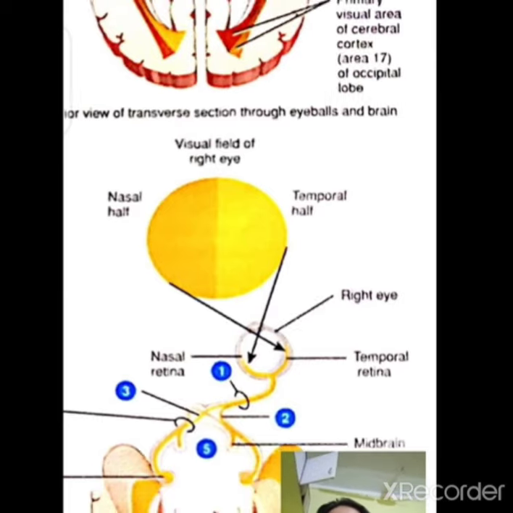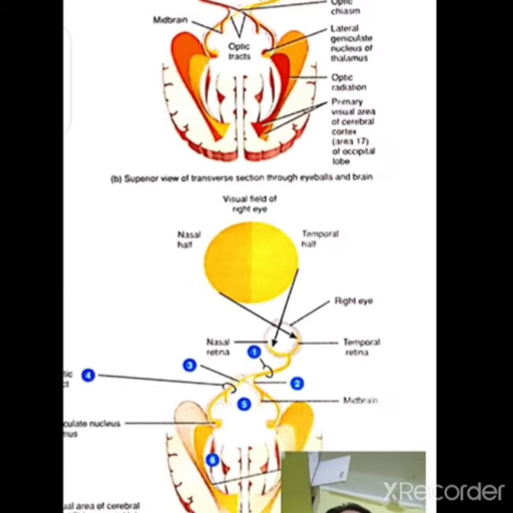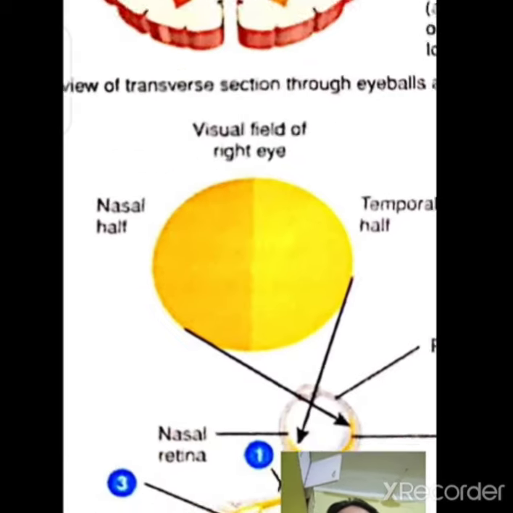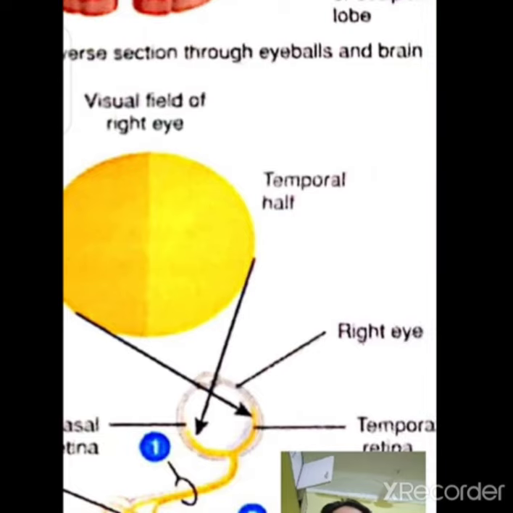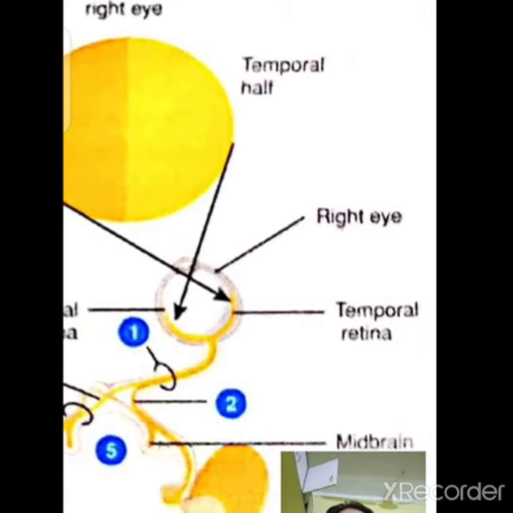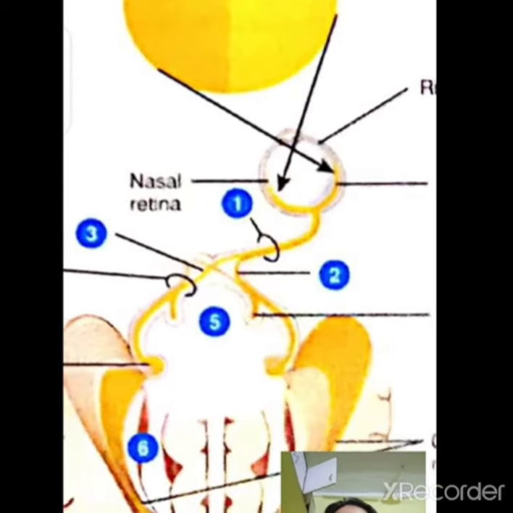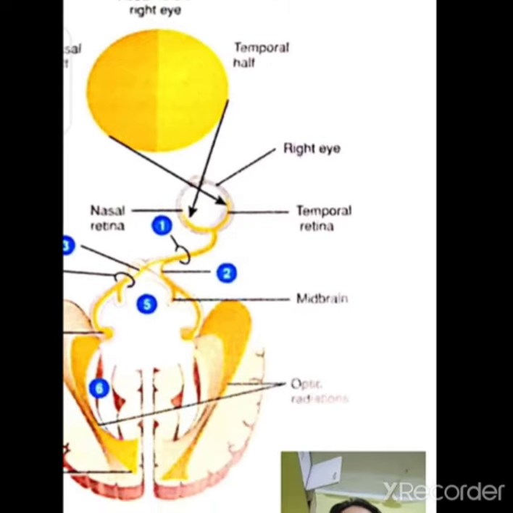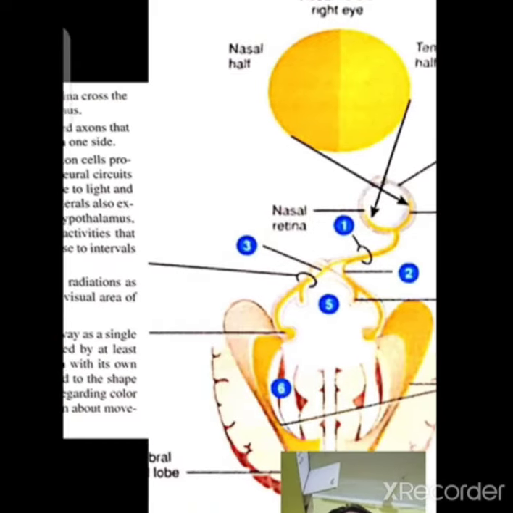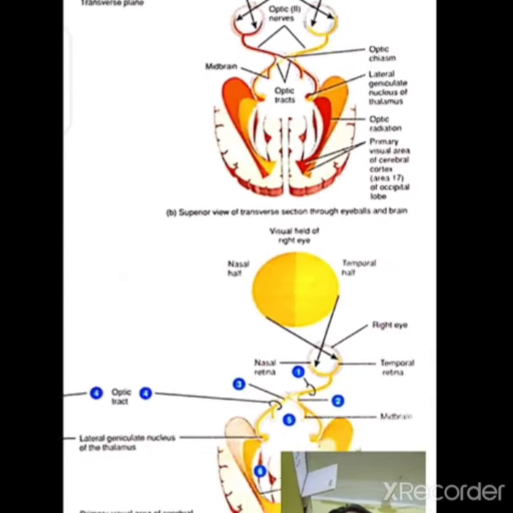In the other picture also you can see the visual field of the right eye. So there is the nasal half and the temporal half, the temporal retina and the nasal retina. There is the midbrain, that is the thalamus part, then the optic radiation to the visual area at the back.